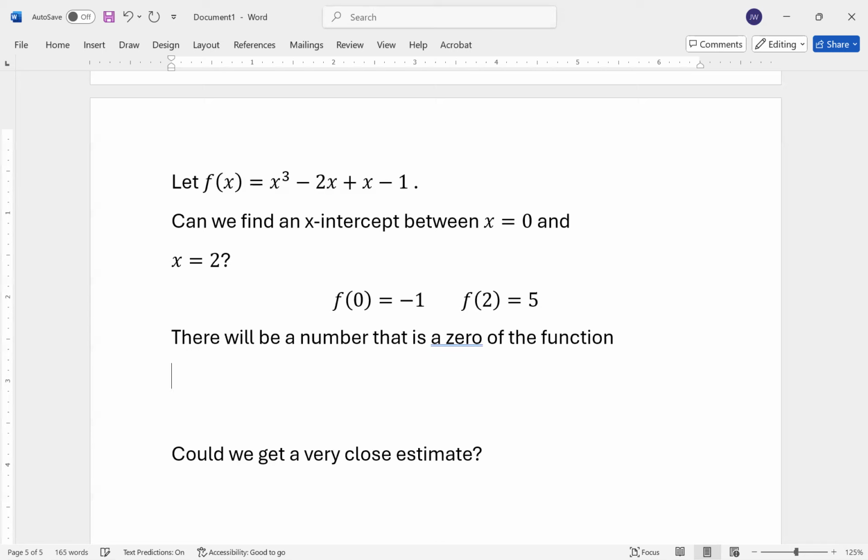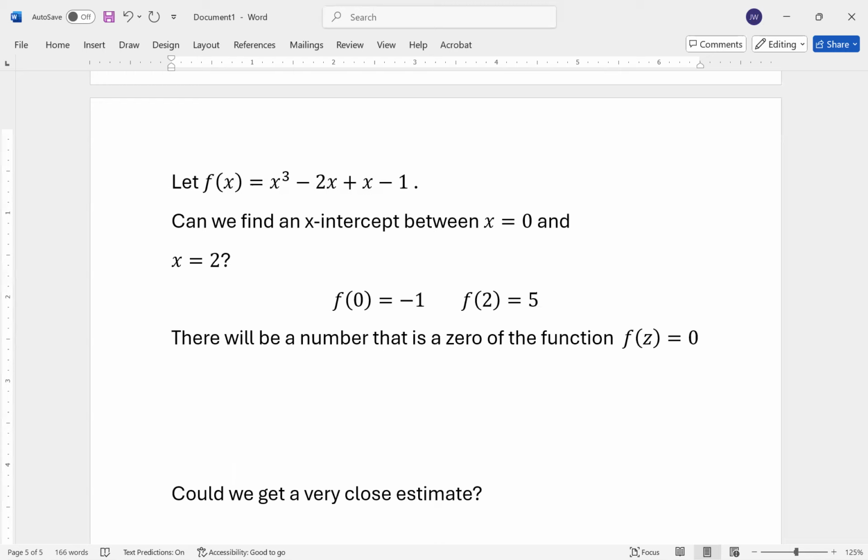So we will cross over the x-axis. There will be some number, I'll call it z, that when you plug it in, you get out a 0. And so there will be an x-intercept.